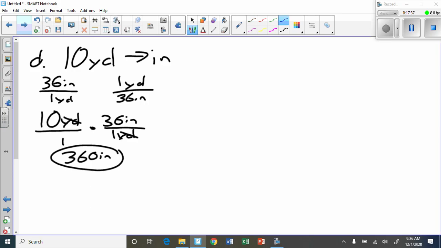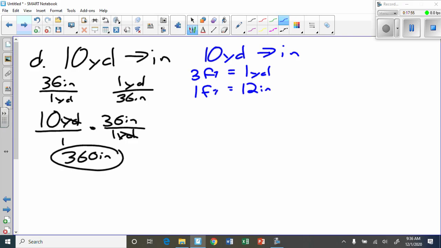Get your blue pen. I want to show you the same problem a different way. 10 yards into inches. I know that 3 feet equals 1 yard, and I know that 1 foot equals 12 inches. So we have another option: 3 feet over 1 yard or 1 yard over 3 feet, 1 foot over 12 inches, and 12 inches over 1 foot.